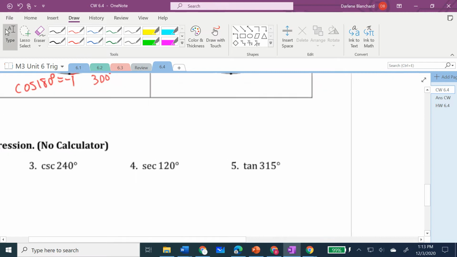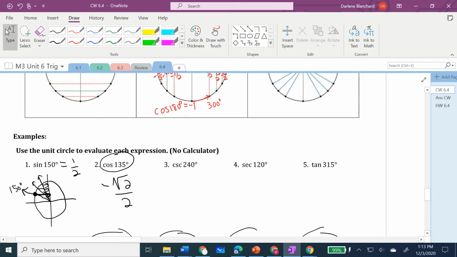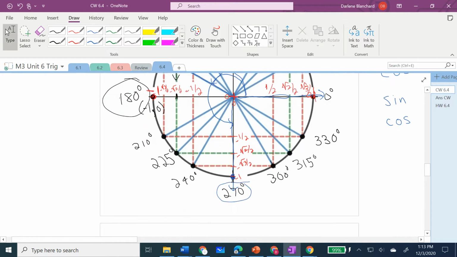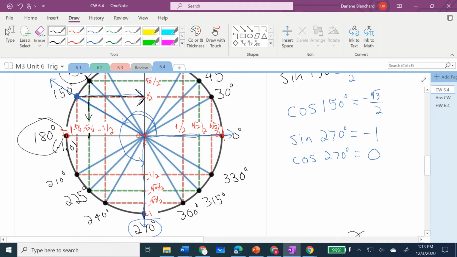So here we go. The cosecant of 240 is 1 divided by the sine of 240. So what is the sine of 240? There are some easier ways to deal with tangent and cotangent that I'm going to get to after a while too.